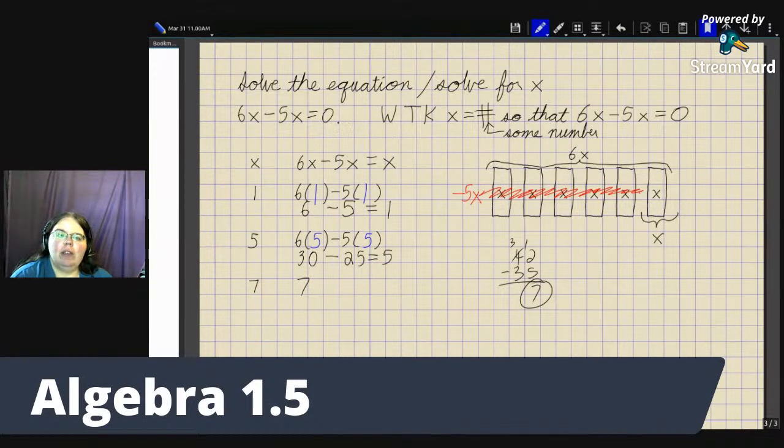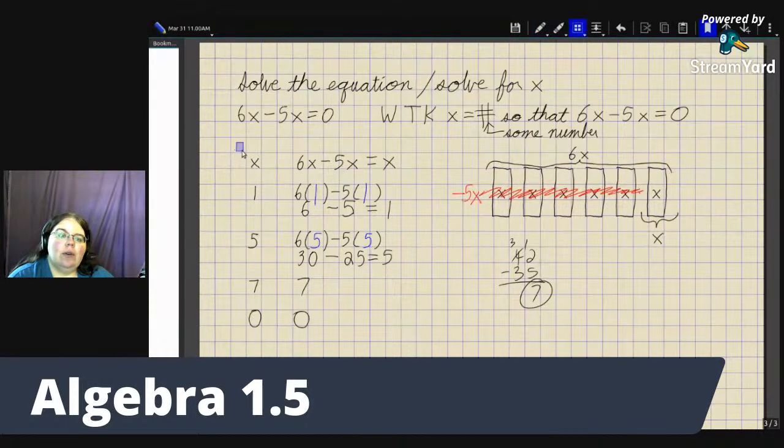Okay, but we had a goal here. We want to know x so that that comes out to 0. Well, the only way we're going to get 0 out of this thing is by plugging 0 in. So we need x to equal 0.